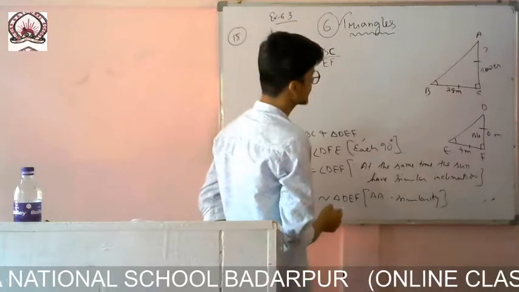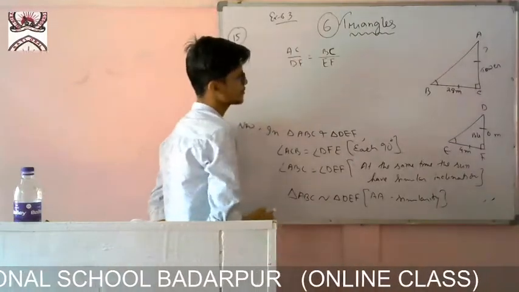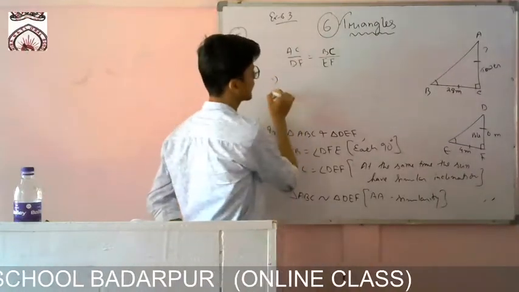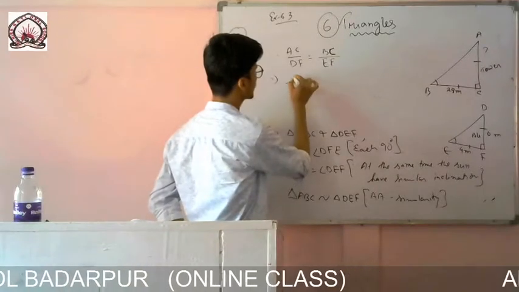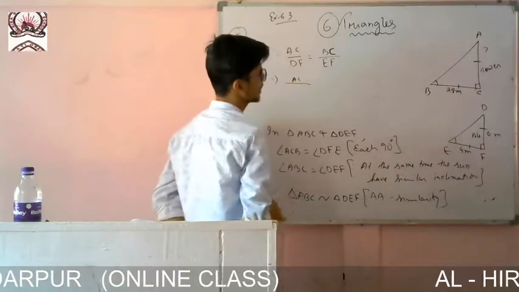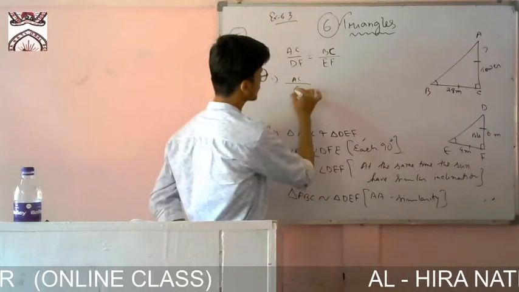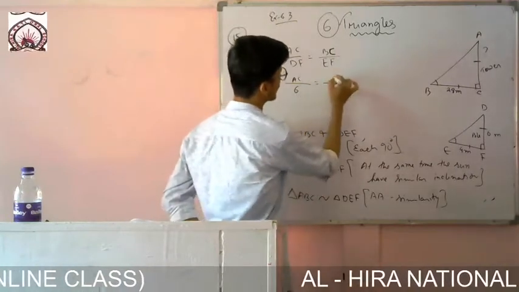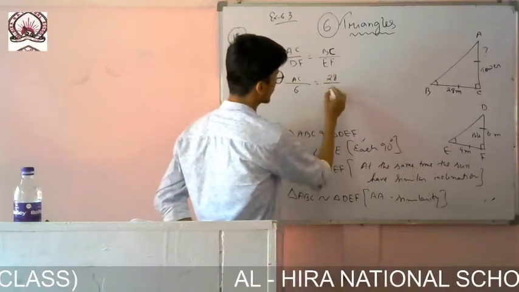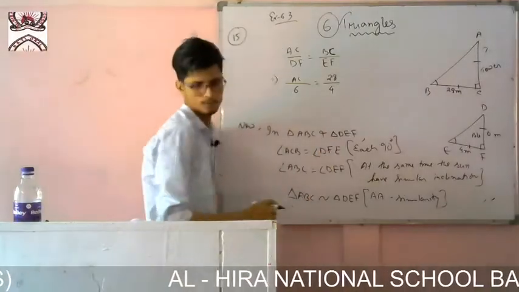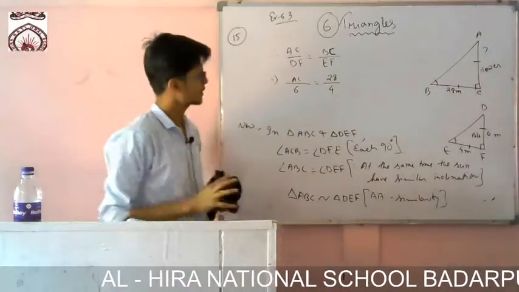AC is the tower, which we need to find. The DF value given is 6, BC is given as 28, and EF is given as 4. So these are the things. Now we will calculate this.